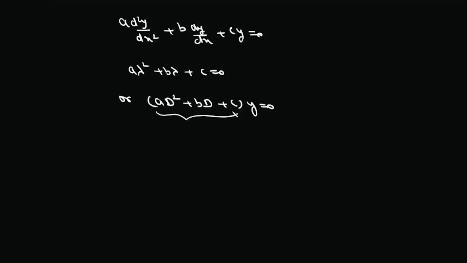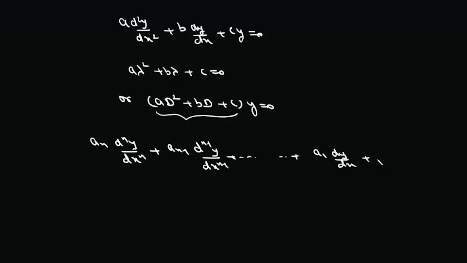Now we look at any nth order homogeneous differential equation which is linear. We can write it as an dny by dx to the power n plus an minus 1 dn minus 1 y by dx to the power n minus 1, and I'll go up to a1 dy by dx plus a naught y equals to 0.